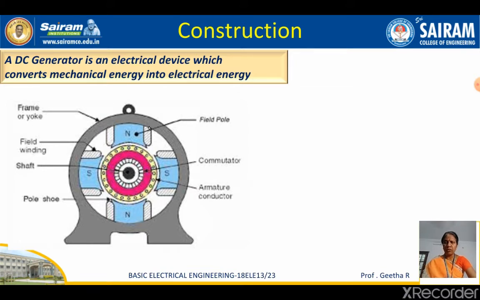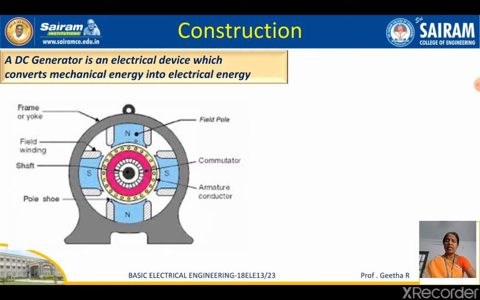There are two major components necessary to produce the EMF. One is the magnet, the field system. Another one is the armature, which you have inside. Here the shaft is shown, and you can see the armature is fixed on the shaft. The armature is the rotating one. On the outer side, you can see the magnets are placed, fixed to the yoke, that is the frame, so the field system is stationary here.